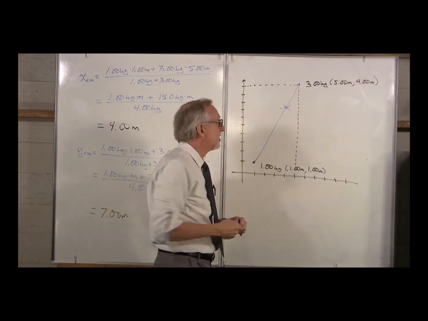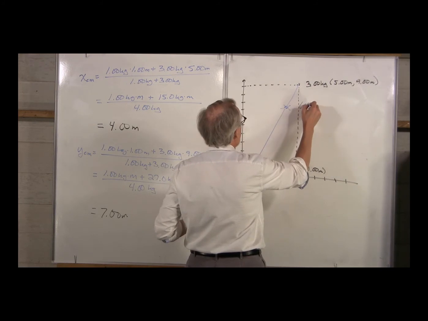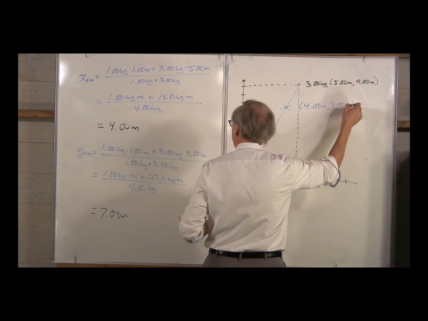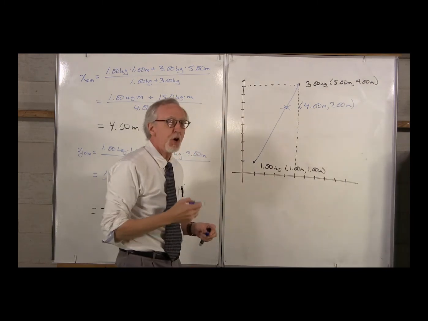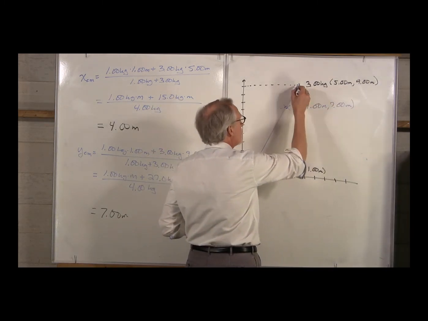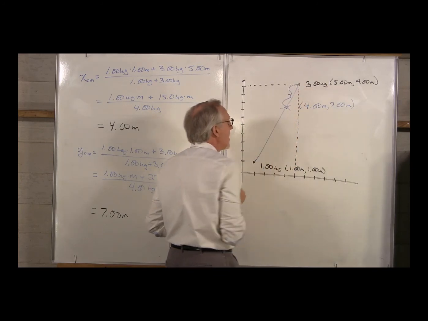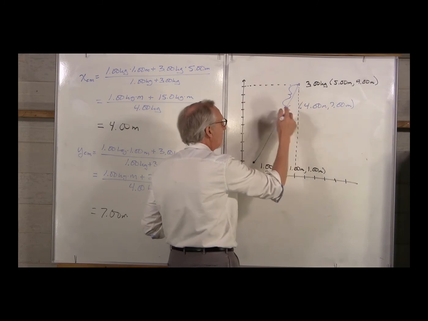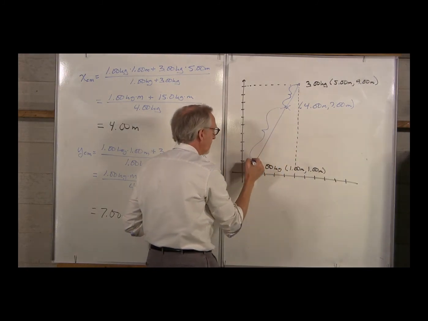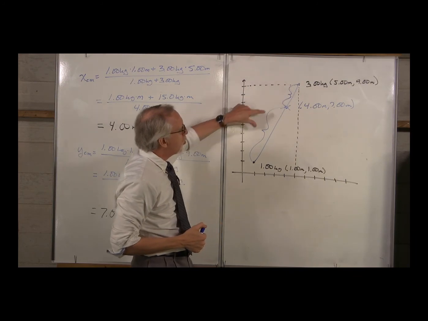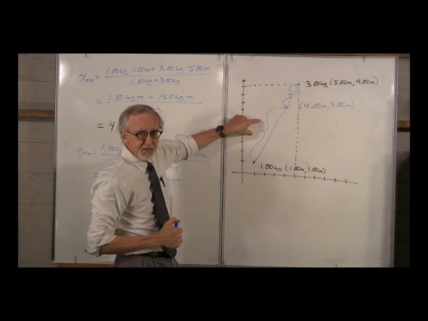Also, notice this is the point 4 meters, 7 meters. If you actually determine the distance from 4 meters, 7 meters to 5 meters, 9 meters, and the distance from 1 meter, 1 meter to 4 meters, 7 meters, you would find that this distance was 1/3 of that distance.